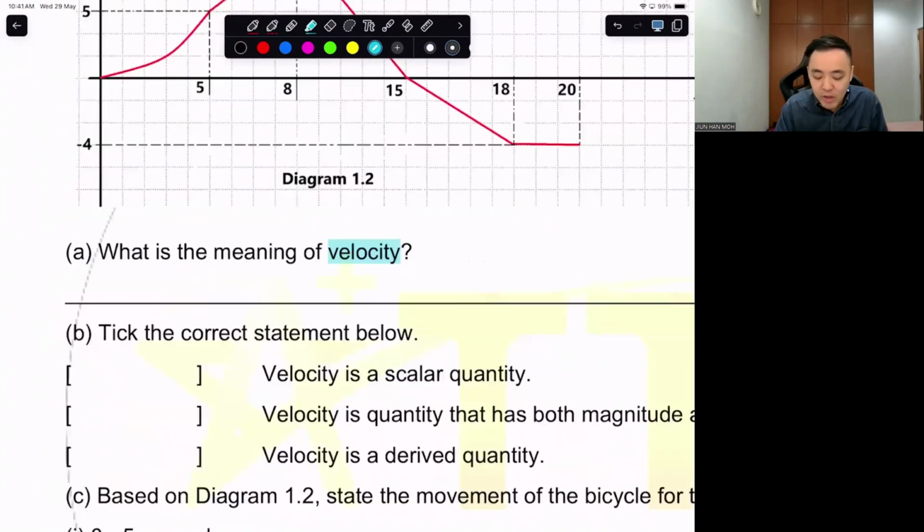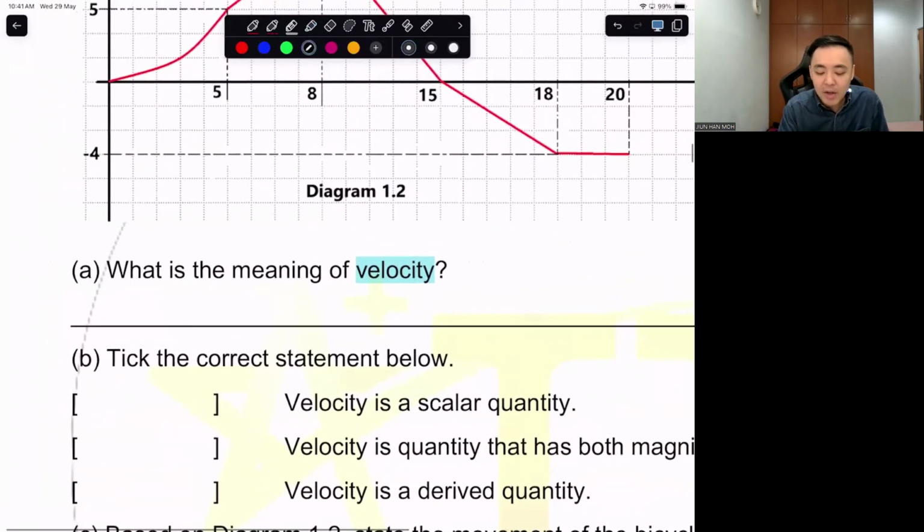Now you just have to tell me one thing. What is the formula for velocity? V equals, basic enough. V equals S over T. Okay, good. No need for the SUVAT formula, just this one. Now pay attention to this.